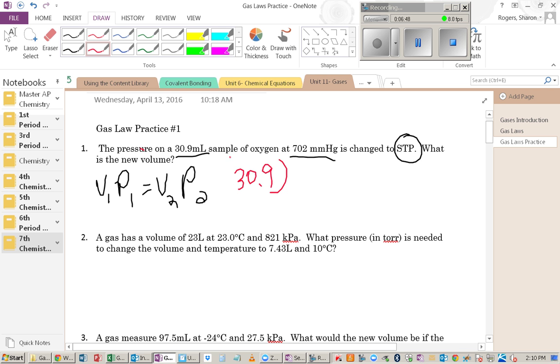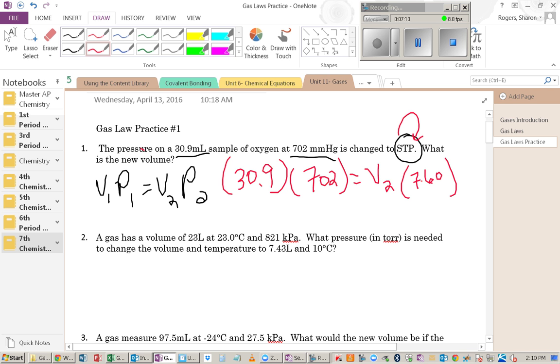We'll plug that in. P1 is 702 in mmHg. We don't know what V2 is; that's what we're solving for. And P2 is standard pressure. What's standard pressure in mmHg? 760.